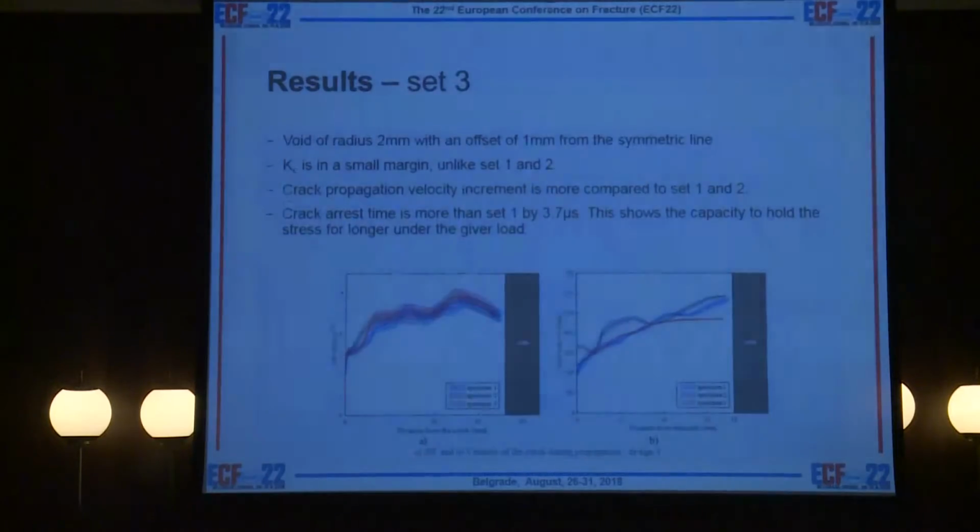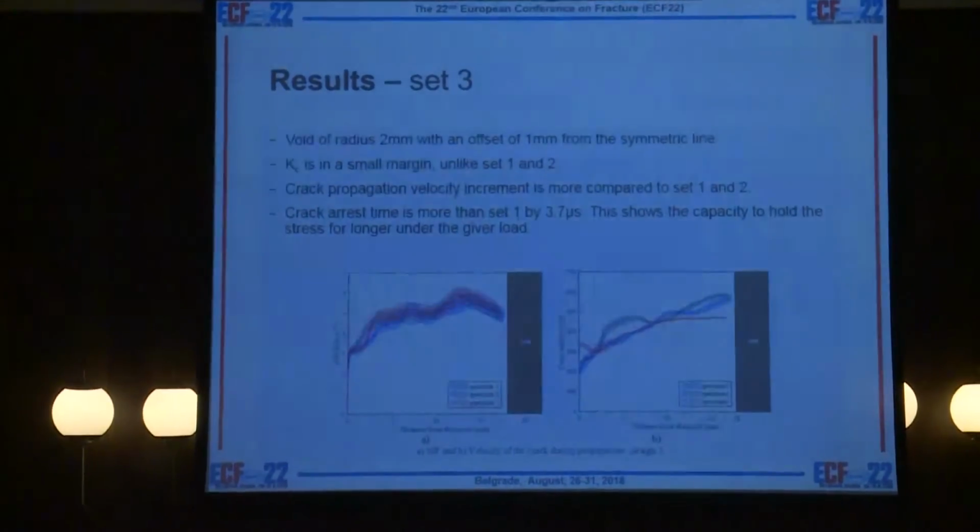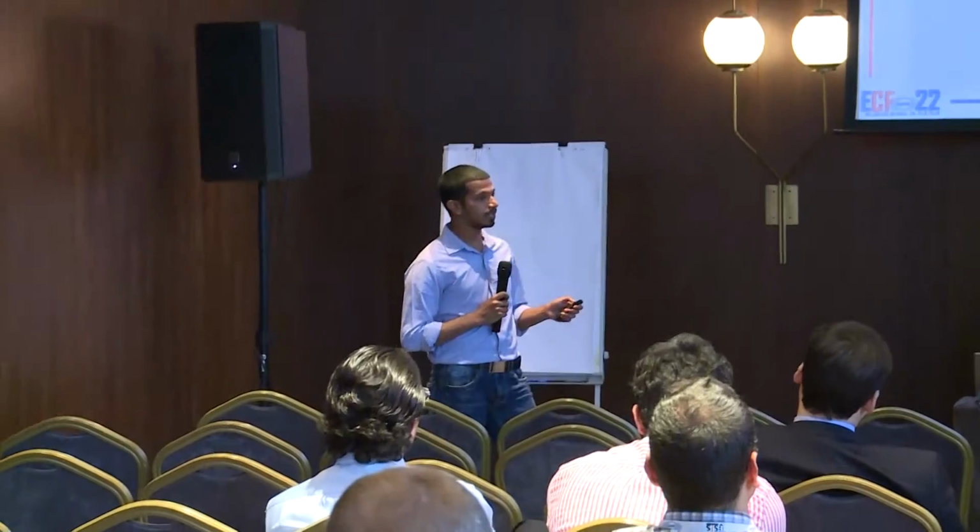And in the third case, with an offset of 1 mm with radius 2 mm, the critical stress intensity factor is almost within a small margin. Actually, this scattering is mainly due to the distortion that happens to the incoming stress wave because of the void in the domain. So when there is an offset, that interaction is very less, and it doesn't distort the wavefront so much.